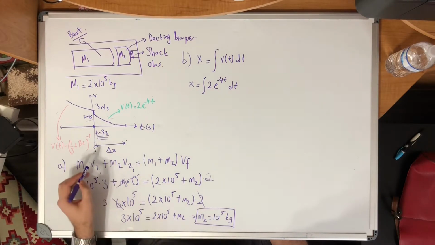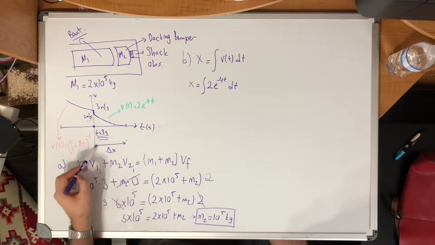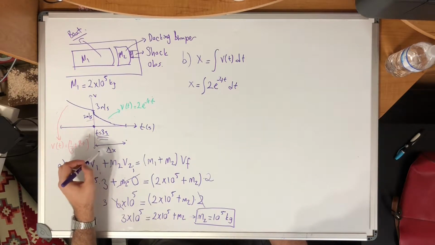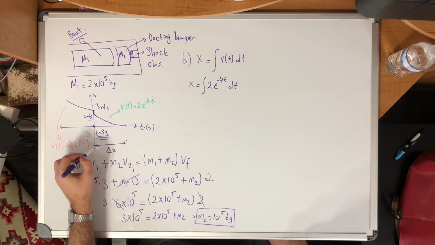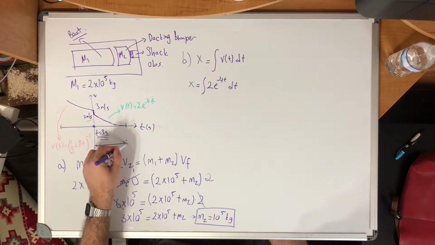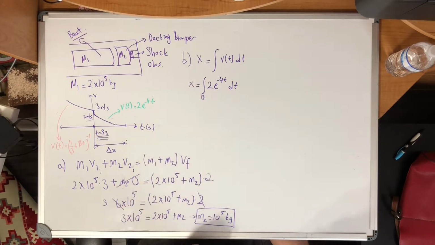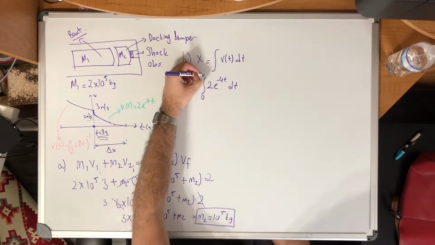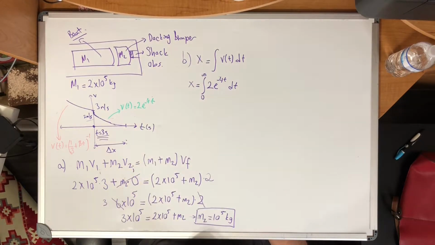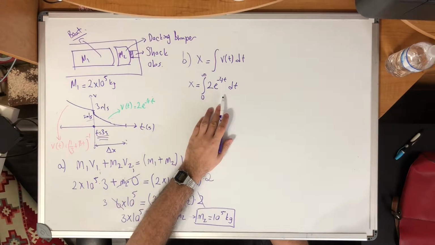So I am trying to figure out the displacement over here. So I am going to choose this as the starting time, and this is going to be my ending time. So mathematically, you are going to start from 0 seconds, and this is important, you're going to go to infinity, because mathematically this guy is going to end at infinity.